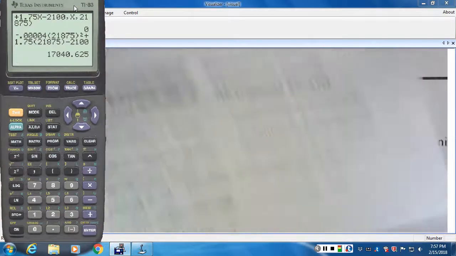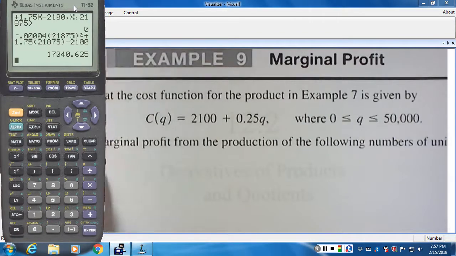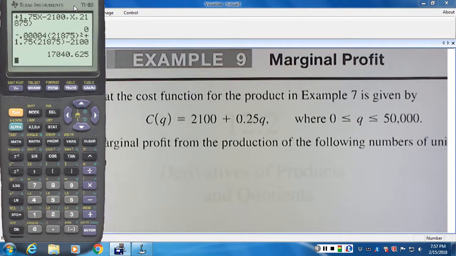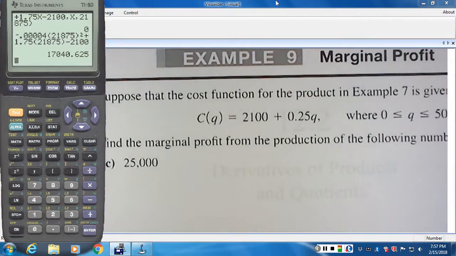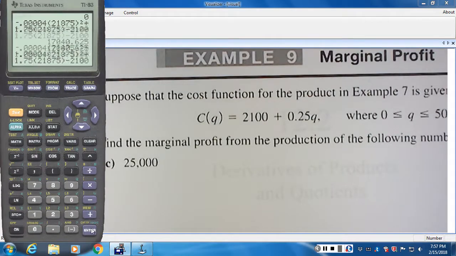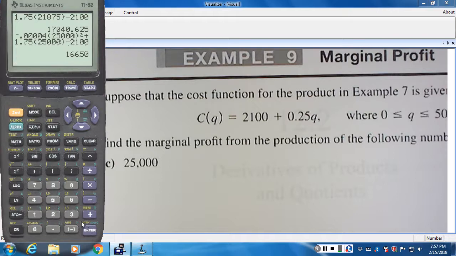And you'll know that this is actually a peak because if we calculate at 25,000 units, because that's our next one, I'm first going to calculate the profit itself. I did still make profit. My profit is still positive, but it's only $16,650.